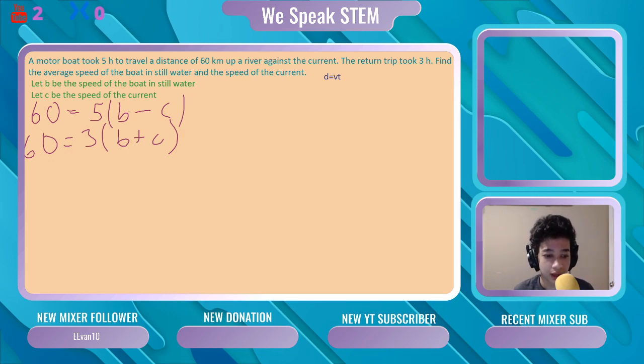So I'm going to change the form of these equations so we can work with them more easily.